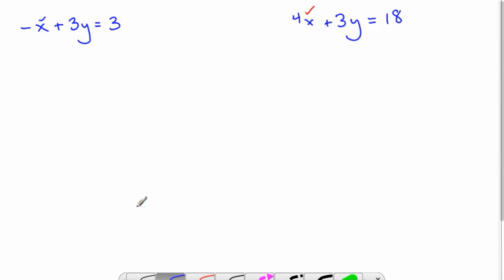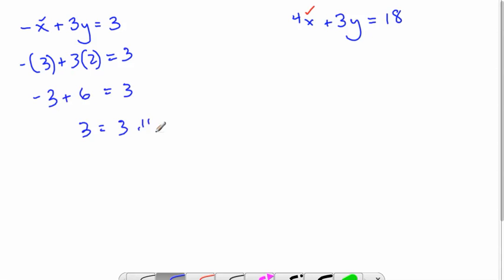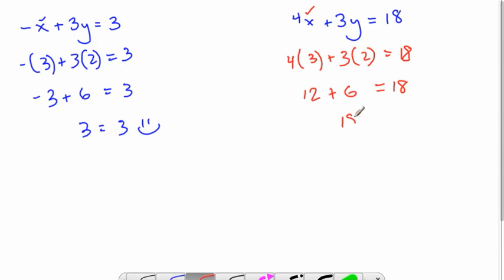and put the point 3, 2 in, negative 3 plus 6 is 3 equals 3. That's true. And then if I were to put it in over here, four times 3 is 12, plus 3 times 2 is 6. 12 plus 6 is 18.